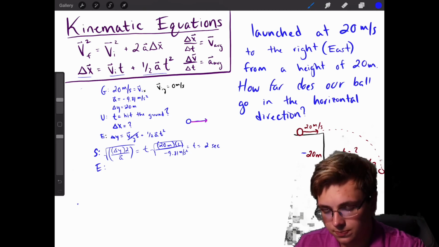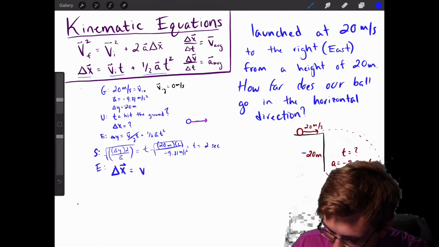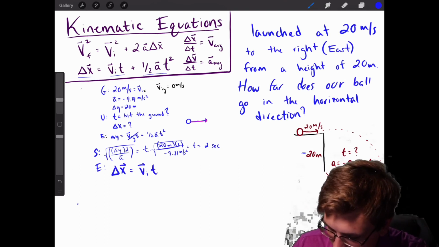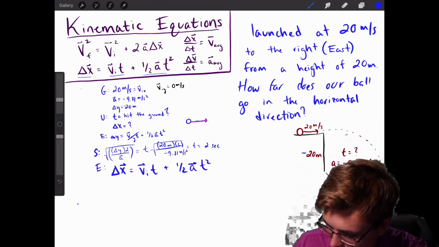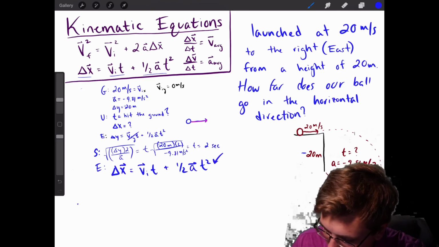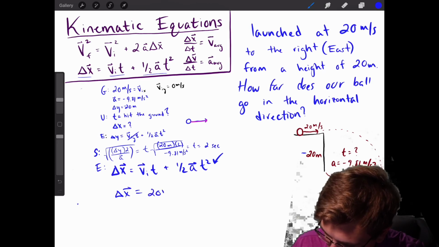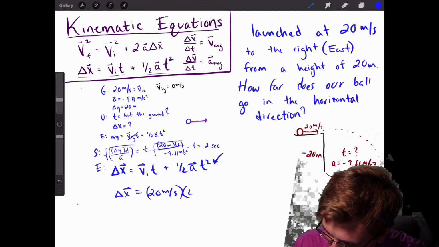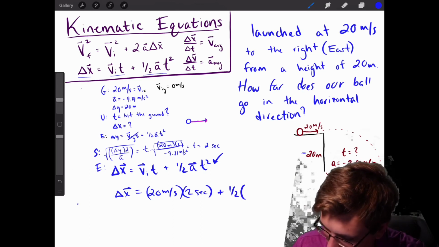is the same one. Now we have change in x equals vi t plus 1/2 at squared. We plug our t into here. What do we get? We get change in x equals 20 meters per second times 2 seconds plus 1/2 times, what's our a, by the way?